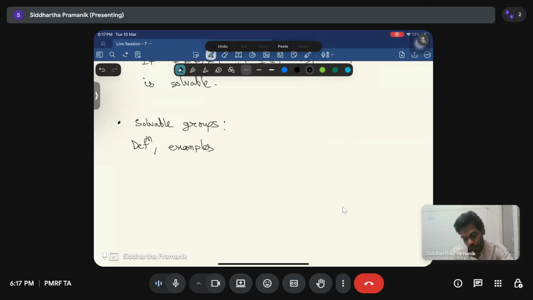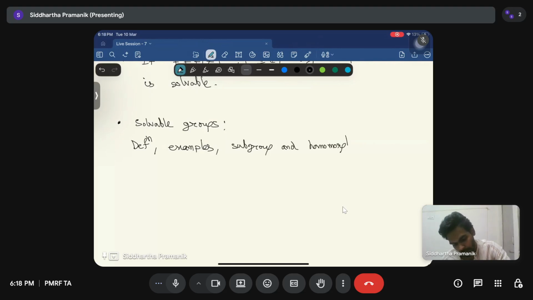We have also seen some other theorems. Like a subgroup of a solvable group is solvable, and a homomorphic image of a solvable group is solvable.